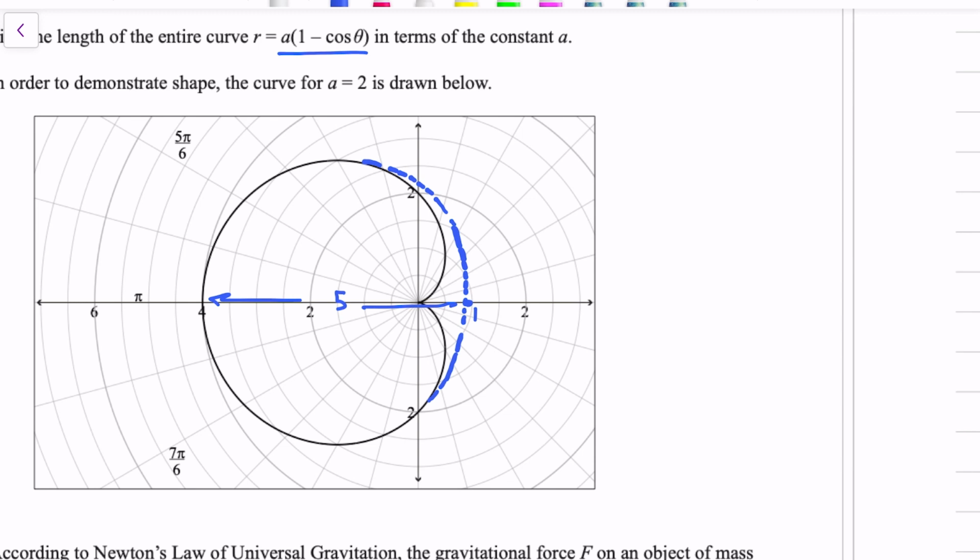And pi times 5 would be the circumference of it. Pi times 5 is about 15.71. We reckon that the length is equal to 8a, and this question's given us a picture with a is 2, well, that's 16. So we're in the ballpark. It's a really good way of checking.